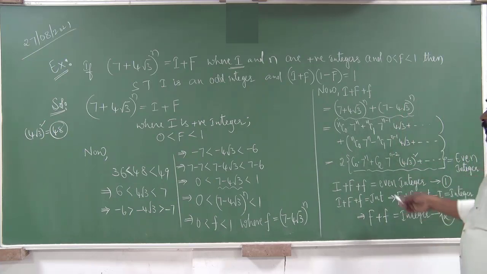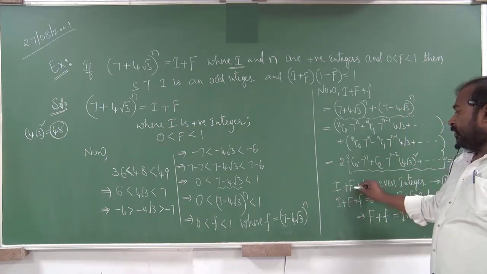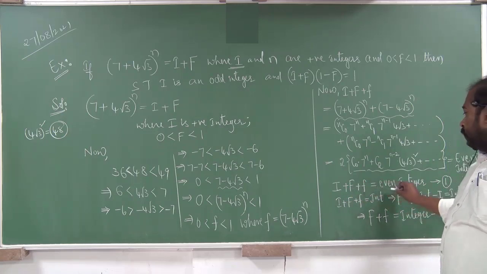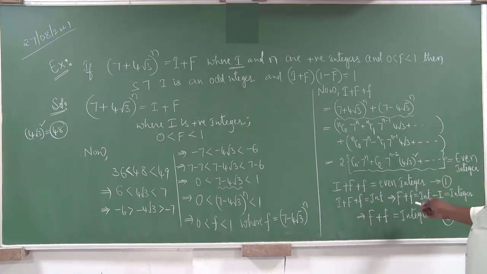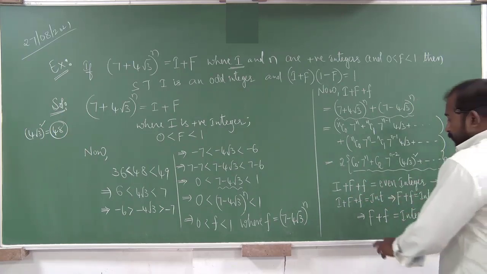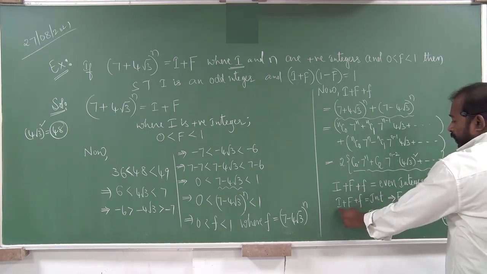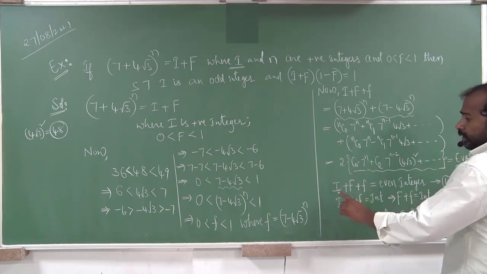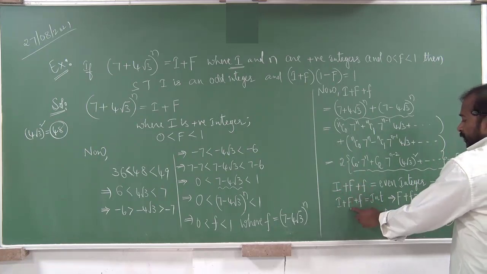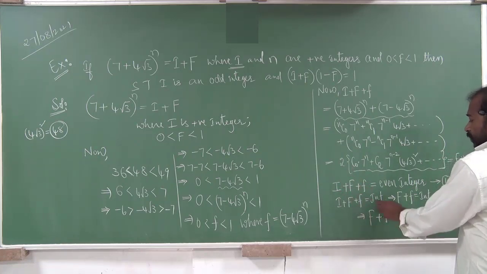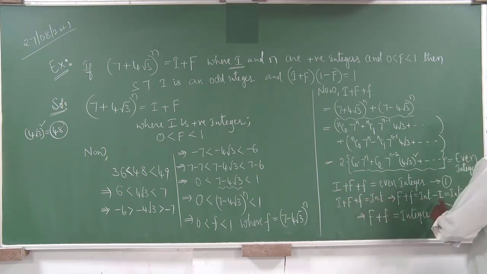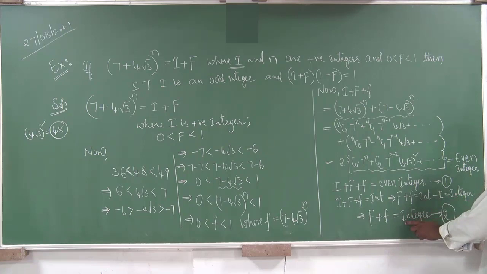That means I plus capital F plus small f is equal to some even integer value. But according to the data, I is an integer value. So automatically capital F plus small f is equal to integer minus integer. Integer minus integer means again you will get an integral value.